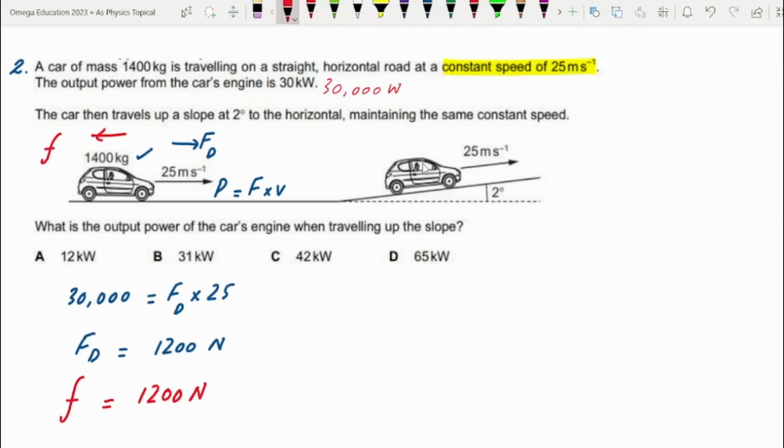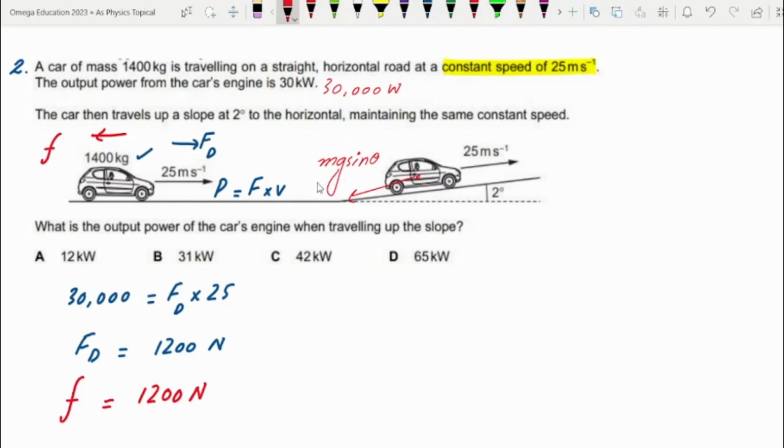So as you travel up the ramp, a component of weight would be responsible to drag it downward, to bring it backward down the slope, and that mathematically equals mg sine theta. We studied that topic in much detail using the vector triangle on the inclined plane.